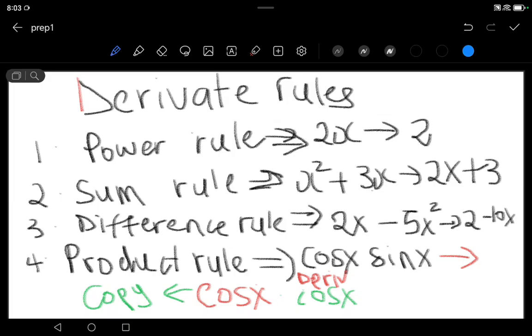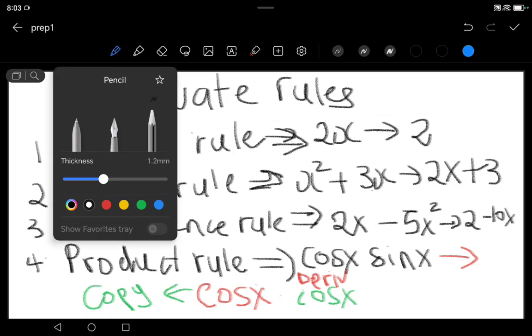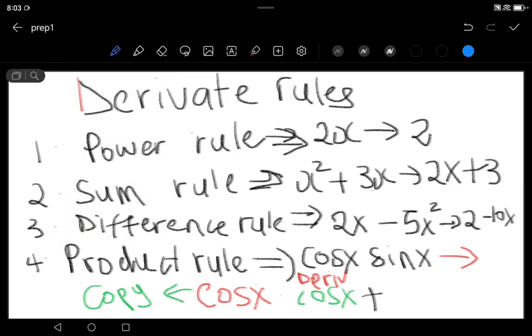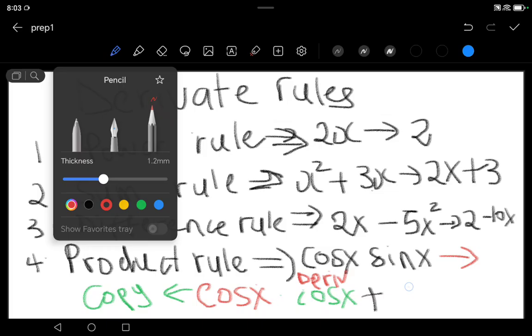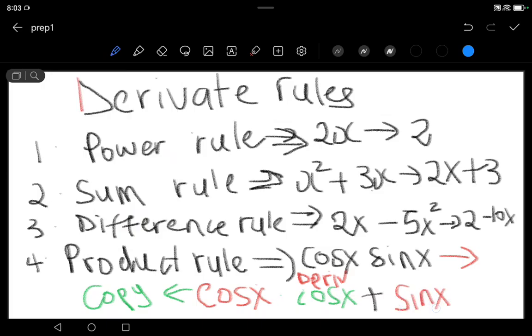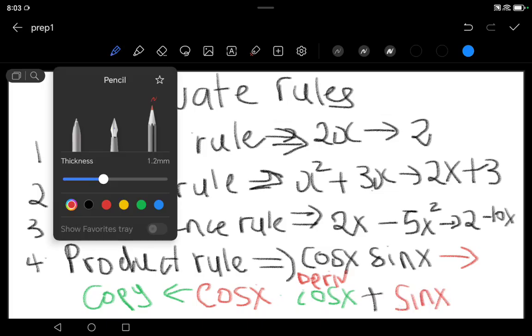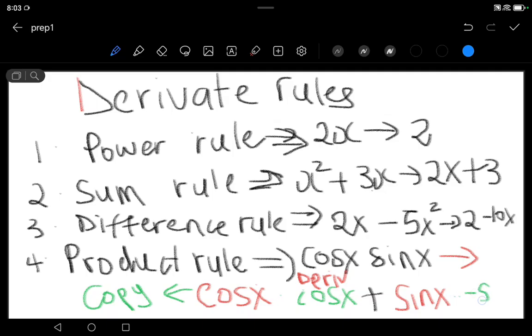And then plus, we copy sine x, and the derivative of cos is negative sine, multiplied by negative sine.